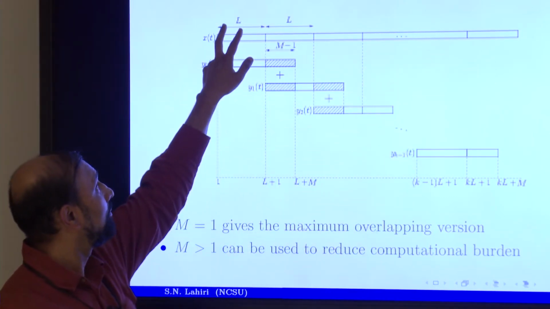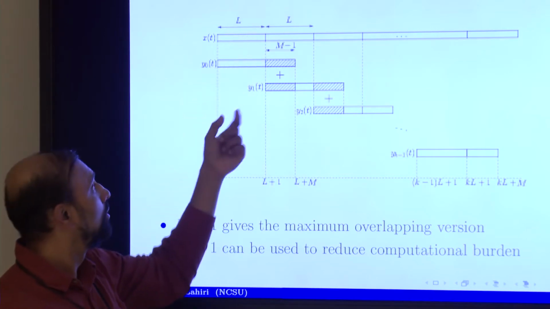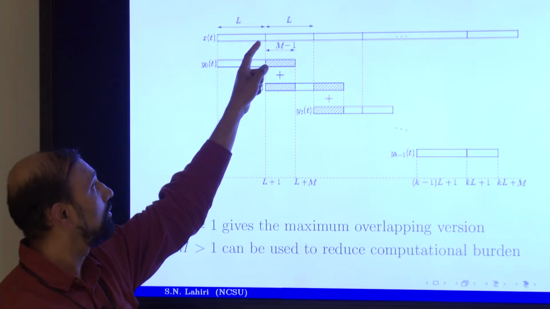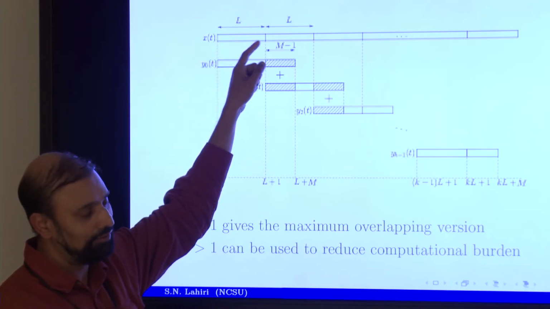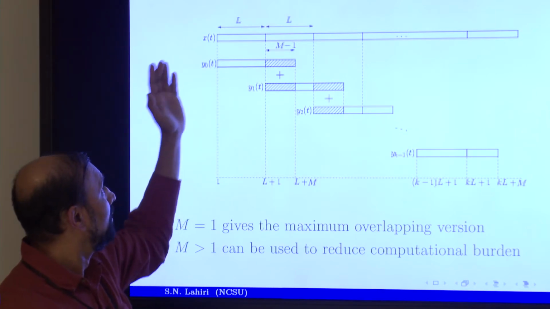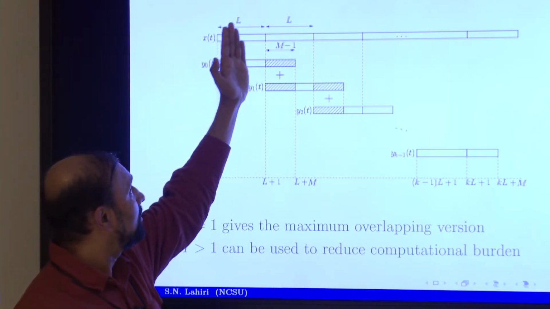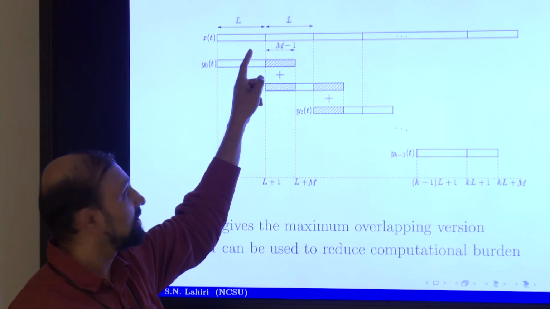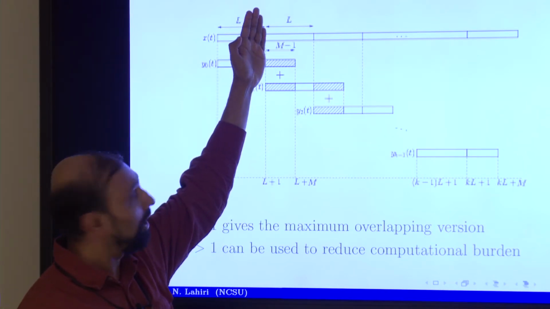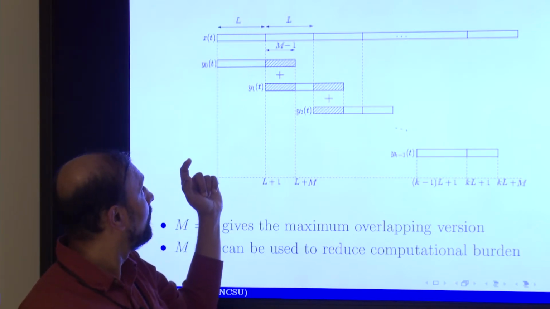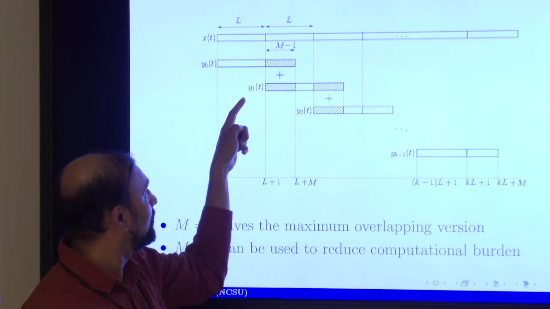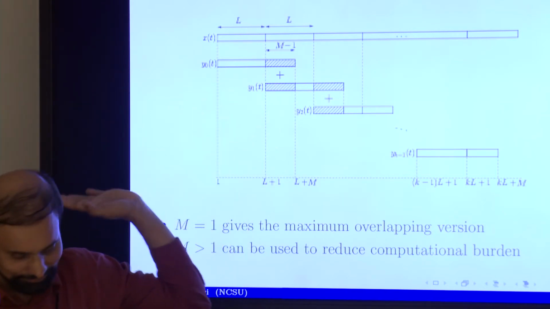I select a block length L. So my first block is going to be going from 1 to L. So Z1 through ZL, or in this case it's regularly spaced, so X1 through XL. Then you shift the starting point by some distance m, and the next block will start from m.